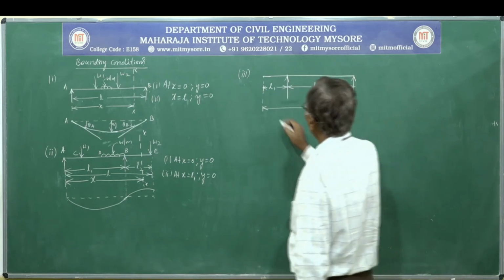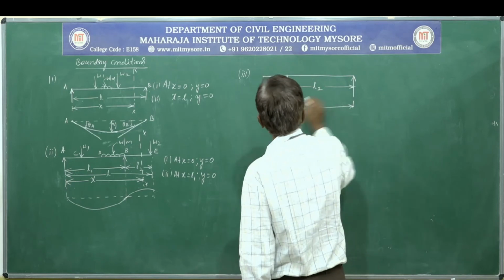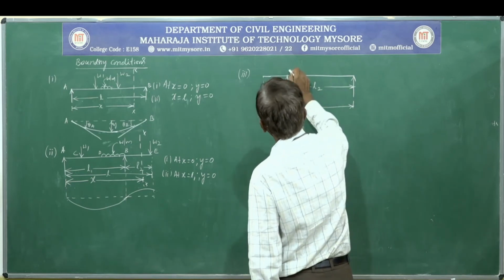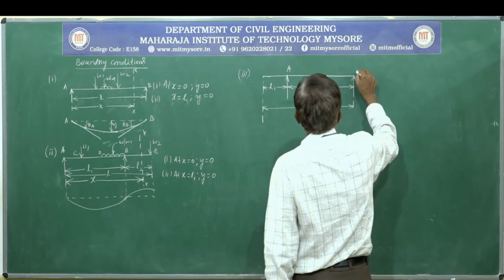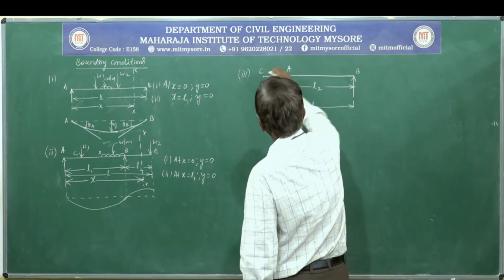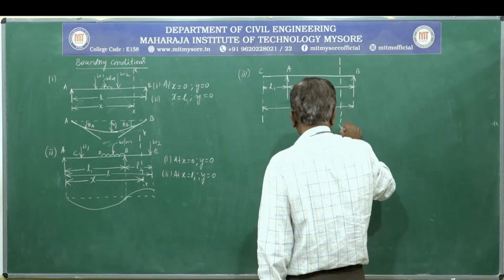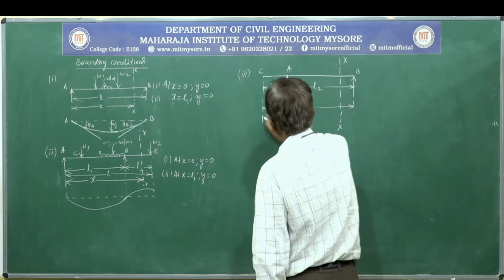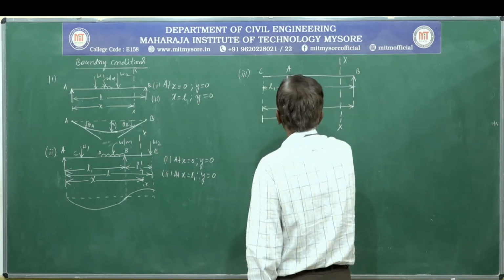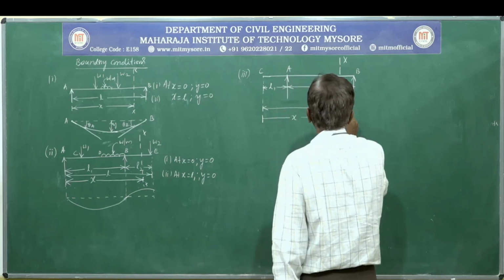Again here also we take a section in the last segment. So, there are 3 segments here, A, B and call this C. We select a section in the last segment so that x varies from 0 to L.